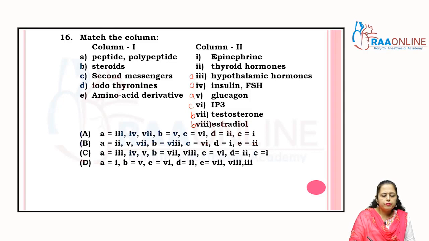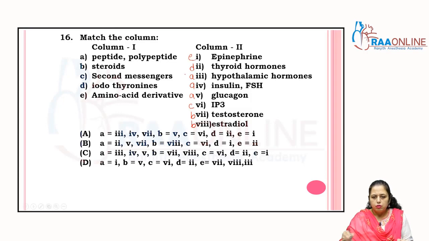Iodothyronines are related with the D, and amino acid derivative is epinephrine, right? So A 345, no, 345, no, 345, yes, so the answer is C, clear?